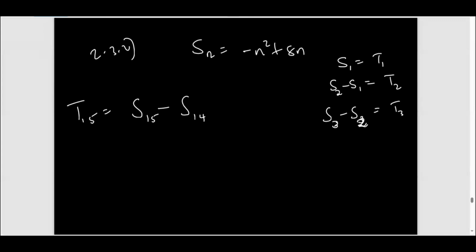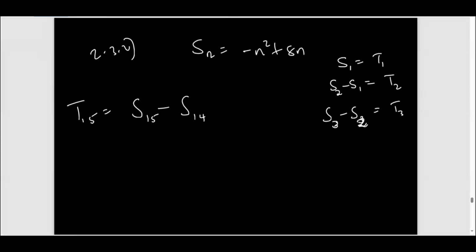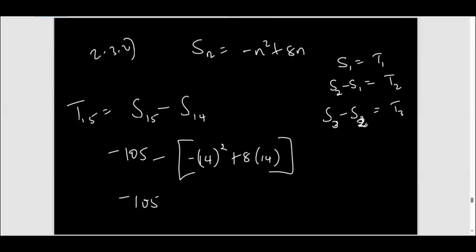So we have already obtained our S15 as negative 105. What we need is the S of 14. Negative 105 minus, say, negative 14 squared plus 8 times 14. I'll punch this into our calculator.